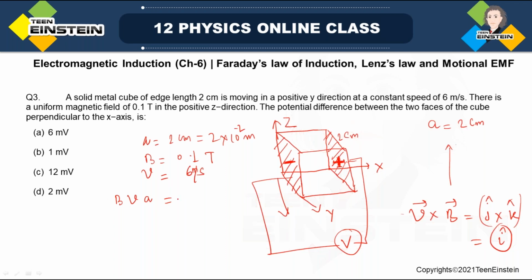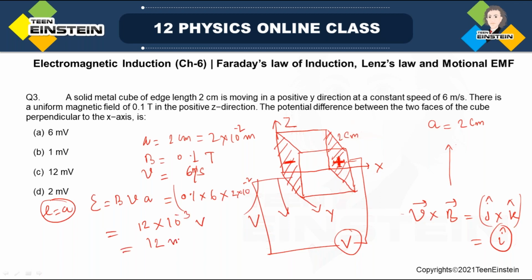So BVa: B is 0.1 Tesla, v is 6 meter per second, and a is 2 into 10 to the power minus 2. This is EMF, so it will be in volt. We get 12 into 10 to the power minus 3 volt, which is 12 millivolt. So this is the answer in this case.